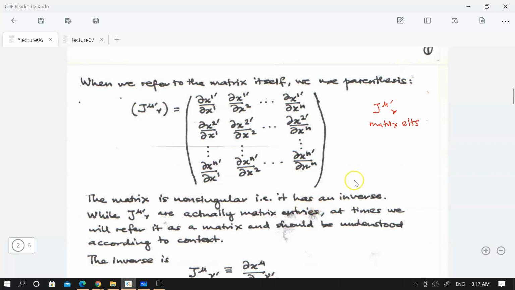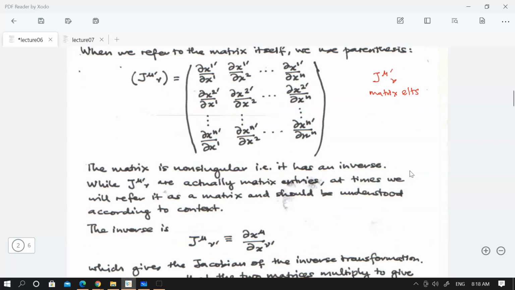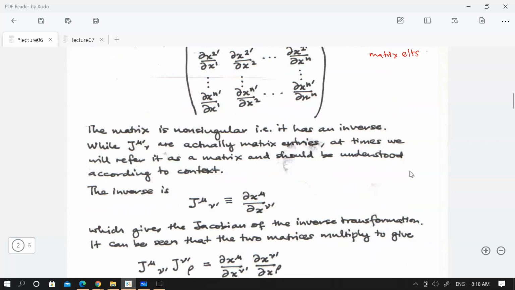Okay, and this matrix should be non-singular if you allow inverse transformation. So what does it mean by non-singular? Then you can actually find the inverse of that matrix. And what is the inverse here?